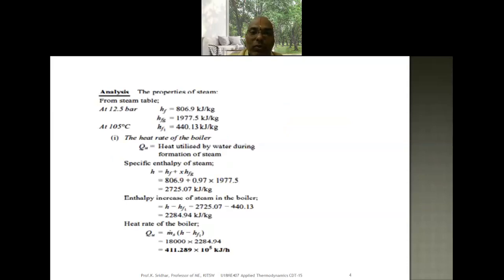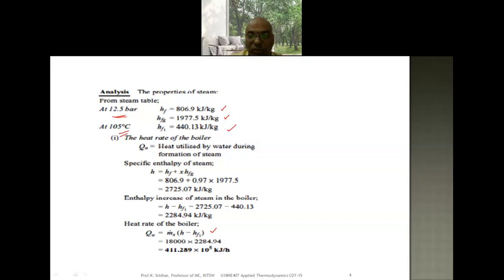First you go to the steam tables. It is given as 12.5 bar. At 12.5 bar you note down the values of hf and hfg, and at the feed water temperature of 105 degrees centigrade, you also note down the hf value. Then you calculate the heat rate of the boiler using the formula m dot s into (h minus hf1).